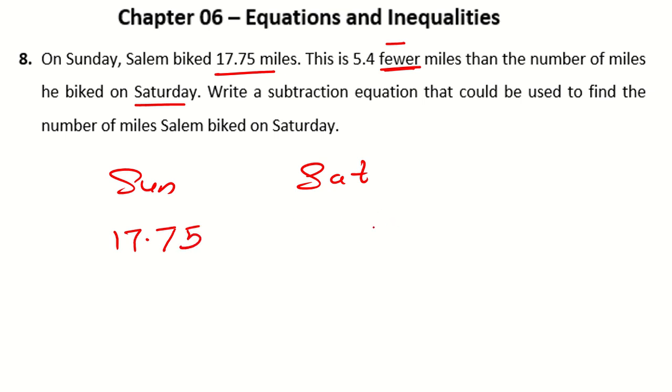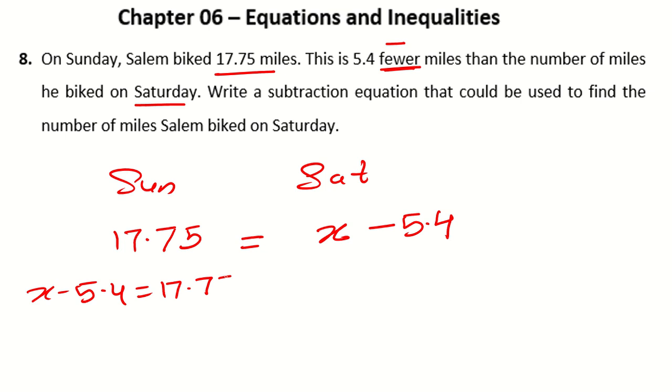It was 5.4 fewer than on Saturday. So it is x and then equal. So this is the equation. X minus 5.4 is equal to 17.75. And if they ask you to solve the value of x, then just x is equal to 17.75 plus 5.40.